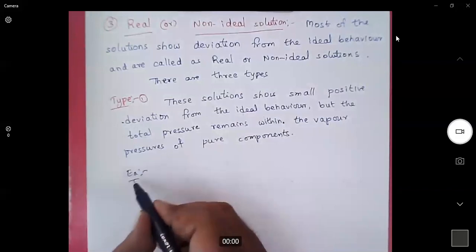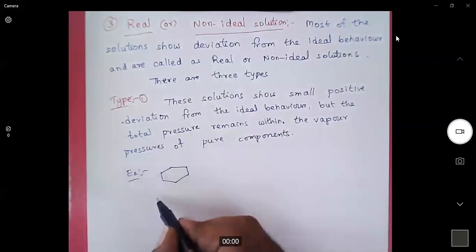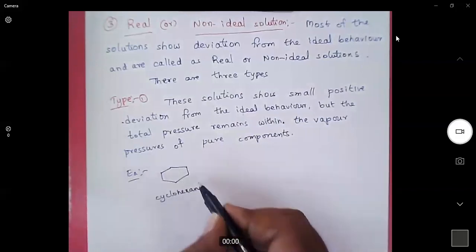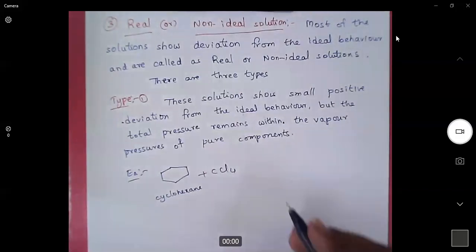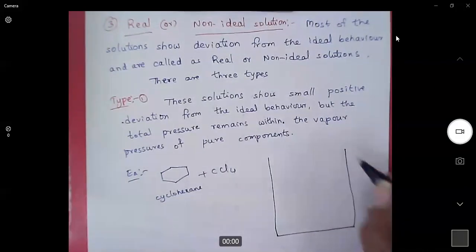What are these type 1 solutions? Type 1 solutions, for example, cyclohexane plus carbon tetrachloride. Type 1 solutions show a small positive deviation. That means their total pressure is a little in excess of the ideal character.